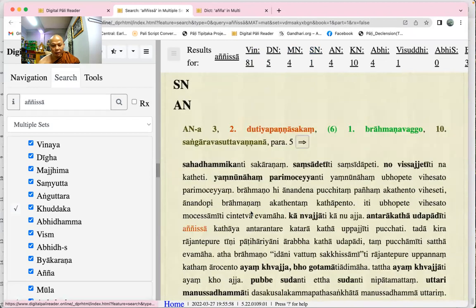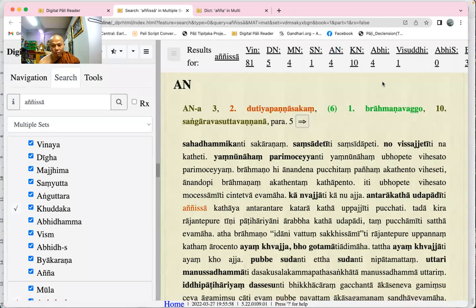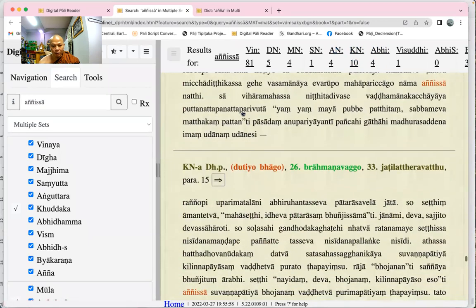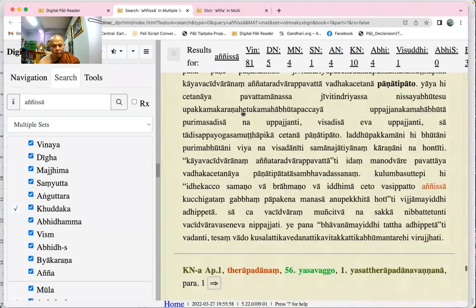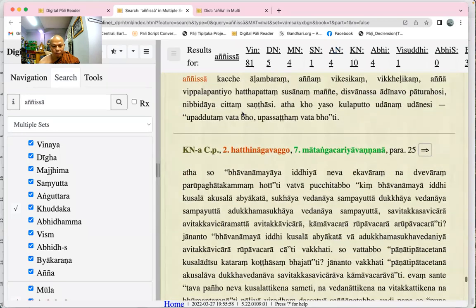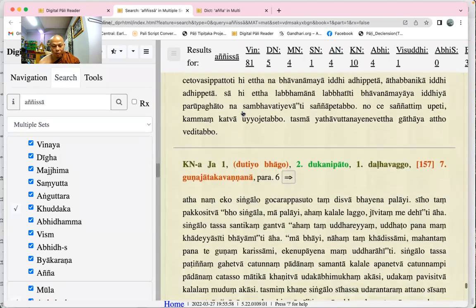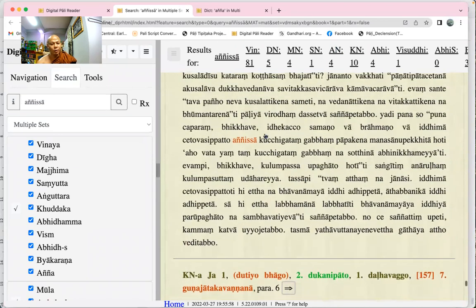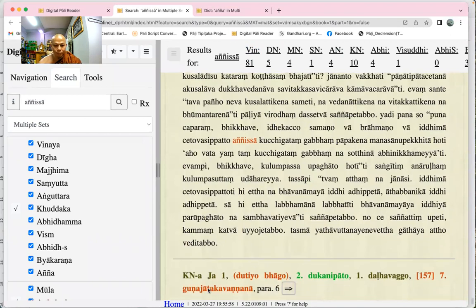In the Anguttara Nikaya also commentary, and the Khuddaka Nikaya, the Dhammapada and the Jataka commentary. All of them are inyesa, not inyasa.